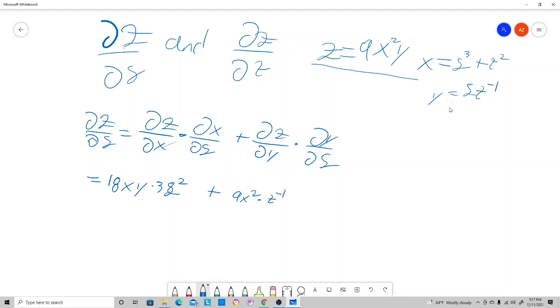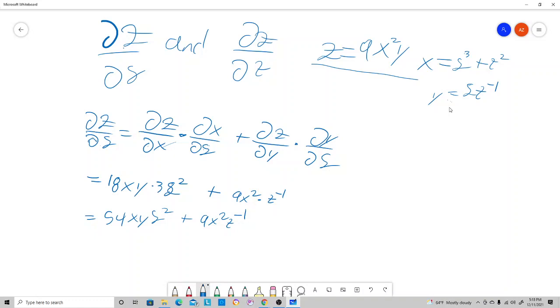So now we can simplify this a little better. The 18 times 3 would be 54, so 54xy s squared plus 9x squared t to the negative 1. Okay, so we want everything in respect to s and t. So we have to replace what x and y are.